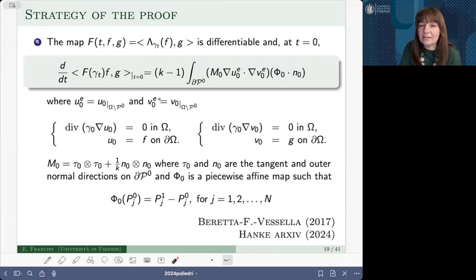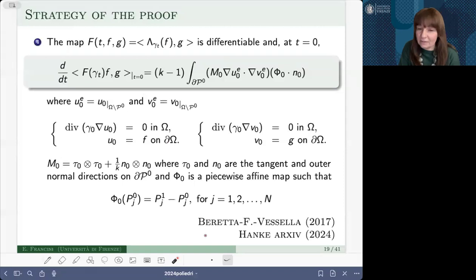So in this formula, this part is the direction in which we are moving, and this depends on the position of the polygon. And the important thing is that this integral lives only on the boundary of the polygon P0. This formula was obtained in this paper in 2017, and it deals with the boundary values of the Dirichlet-Neumann map.